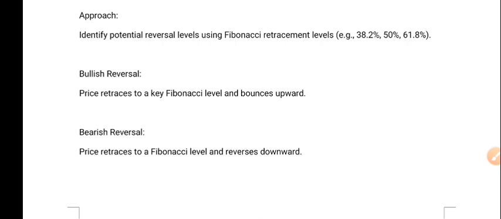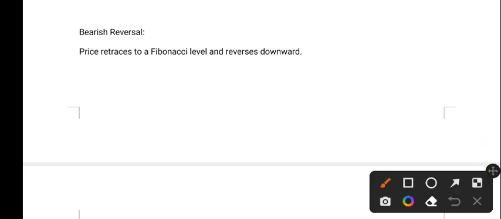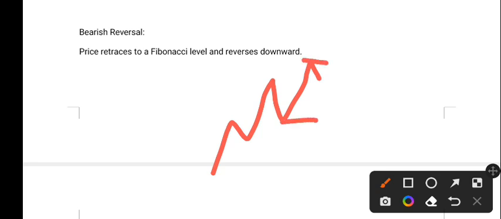So we have the bullish reversal and the bearish reversal. Any point you put it, let's say it's in an uptrend now, you can set your Fibonacci maybe from here to here. You now start seeing all those numbers.